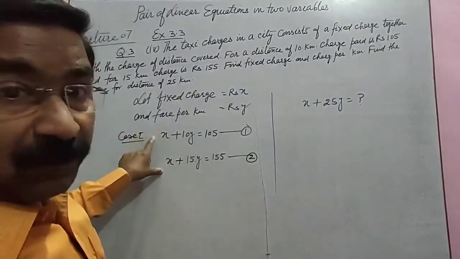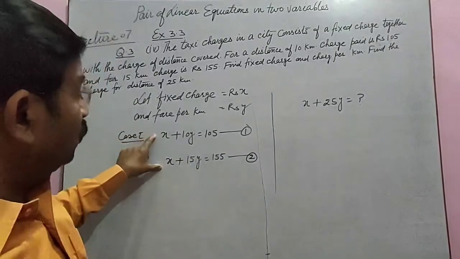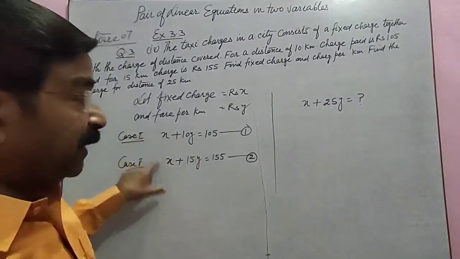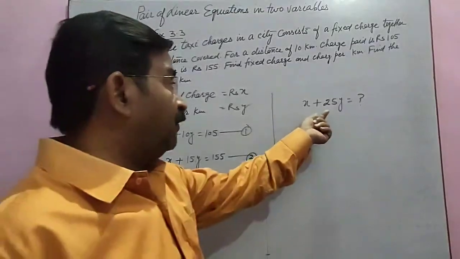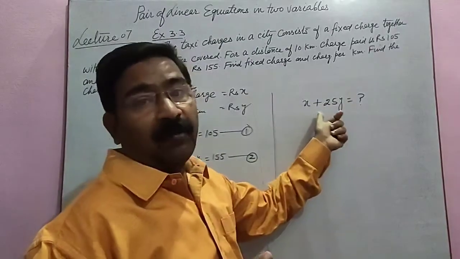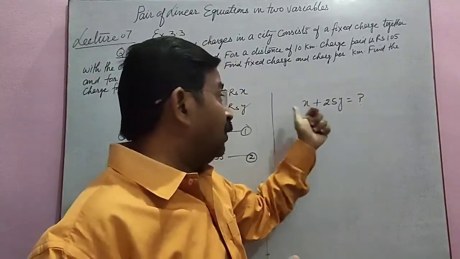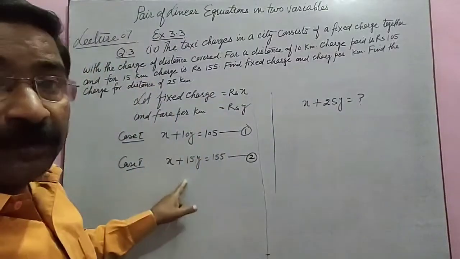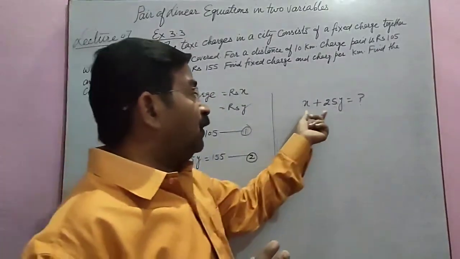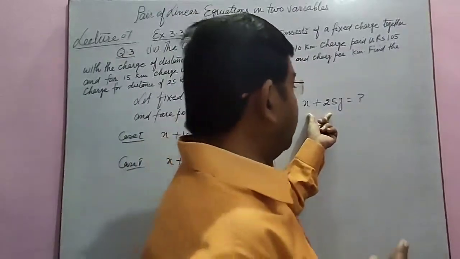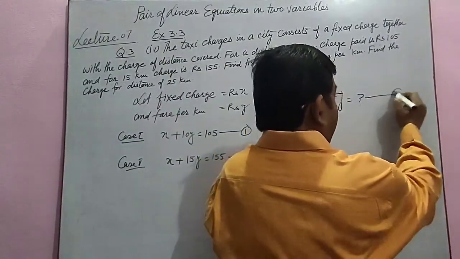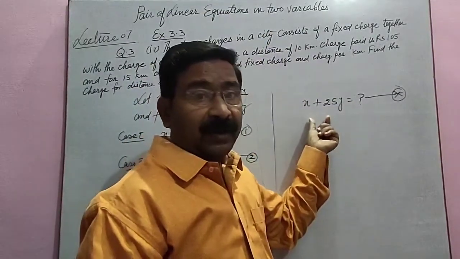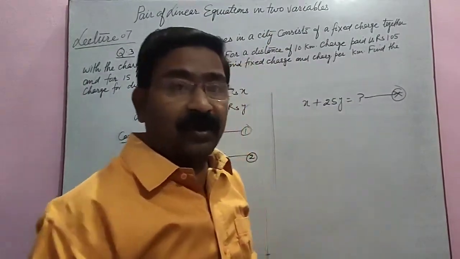The total distance is 25 kilometers. In this 25 kilometers, X is once, means one time. So after getting the value of X and Y from these equations, you have to put the values of X and Y in this equation, and finally you will get the fare for the distance of 25 kilometers. Is it okay? So you have to solve this question yourself.